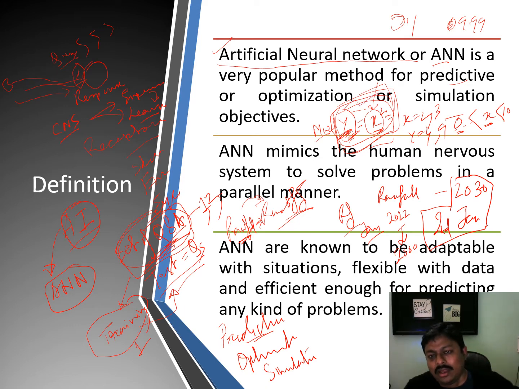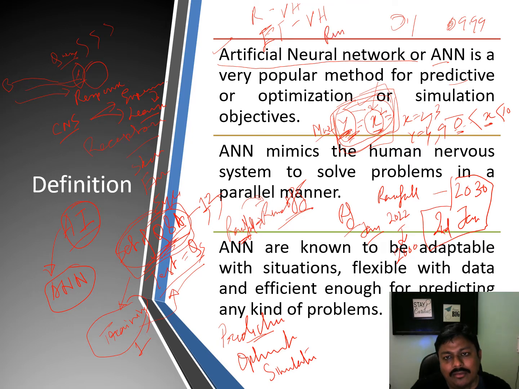Now, what is simulation? Simulation is a scenario that is created to predict the future. Suppose I say that rainfall will be very high and evapotranspiration will also be very high, then what will be the runoff?